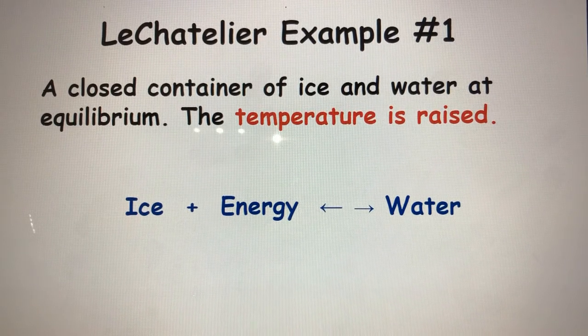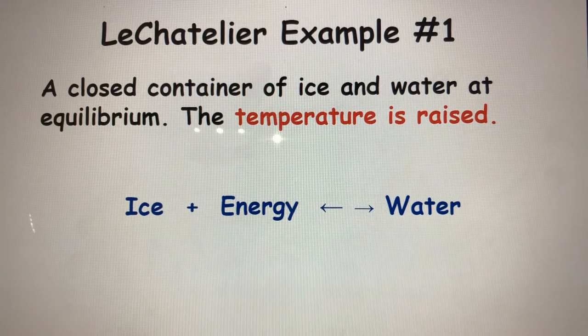You can join these arrows into one line with 2 tips on it, or you can draw one arrow above the other, both pointing in different directions. So ice plus energy yields water. The ice plus the energy are the reactants in this equation. The water, being on the right side, is the product in this equation.